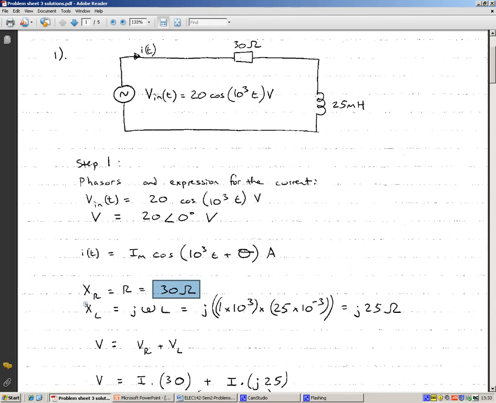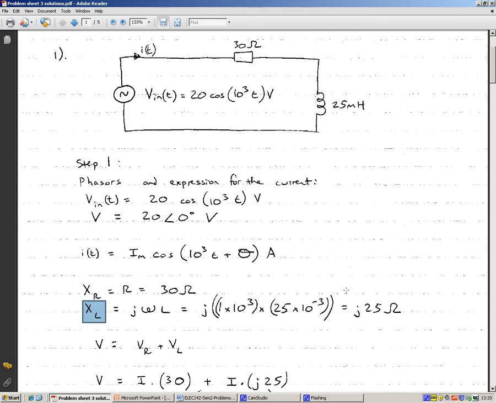The complex impedance, or the reactance of our inductor, Z_L, is equal to j omega L, where j represents our phase term and omega L is our frequency and the magnitude. Just put these values in. So omega is 10^3, which we got from here, multiplied by the inductance, 25 millihenries.